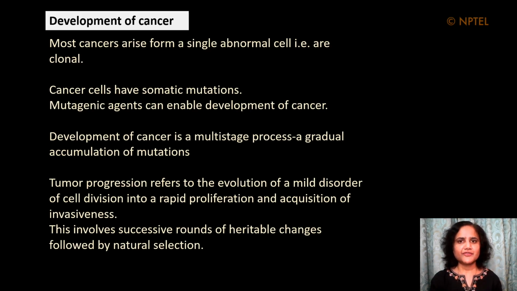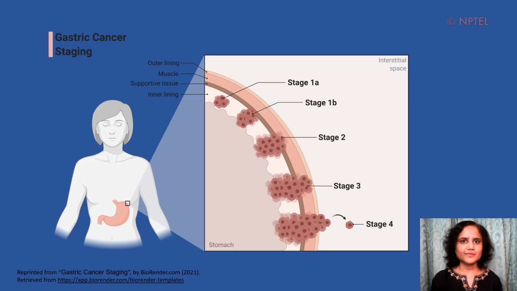Tumor progression refers to the evolution of a mild disorder of cell division into a rapid proliferation and acquisition of invasiveness. And this process involves successive rounds of heritable changes, which could be genetic and sometimes also epigenetic, which are then followed by natural selection, selecting for the fittest cells that can survive in the inhospitable environment.